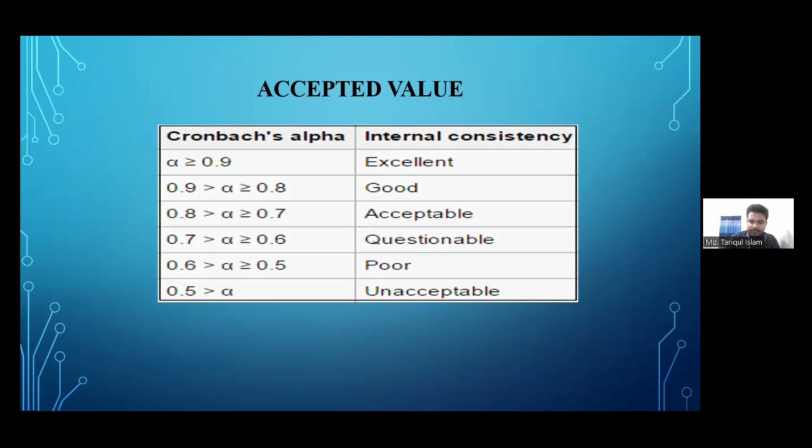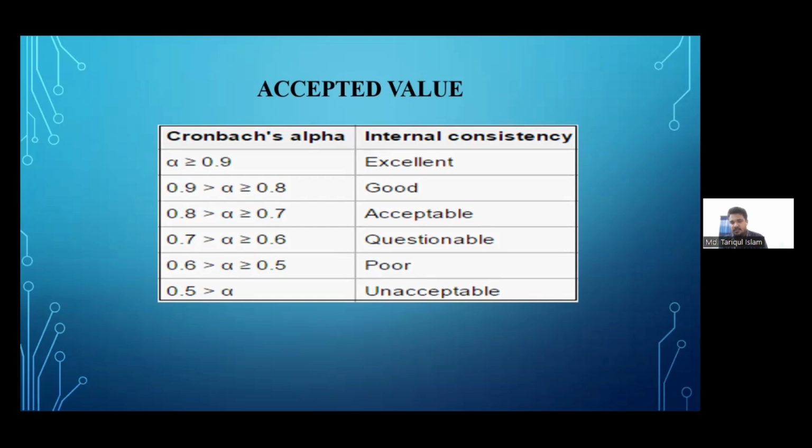So here I have pasted a picture. The left hand side is showing the Cronbach's alpha value, and the right hand side is showing the internal consistency. That slide is showing that if the alpha value is less than 0.5, that is unacceptable.